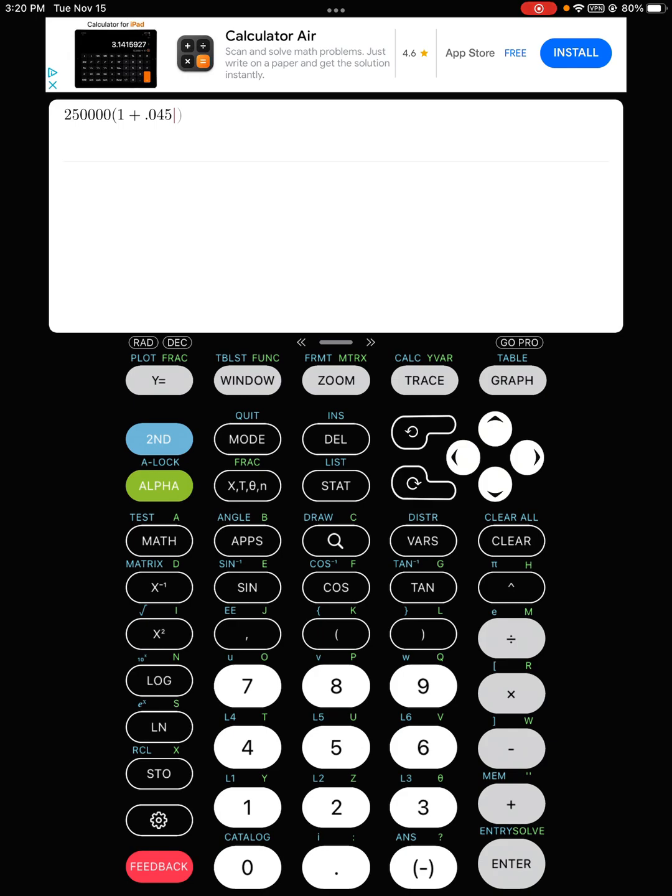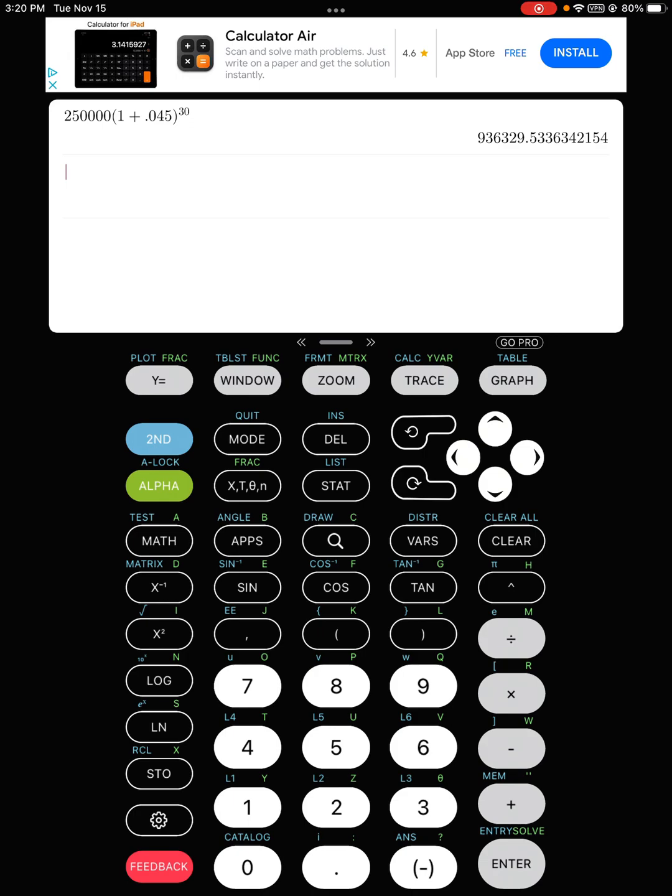That is 4.5 divided by 100. And we'll raise it to the 30th power. You type it in just as such, you hit enter. There is your answer.